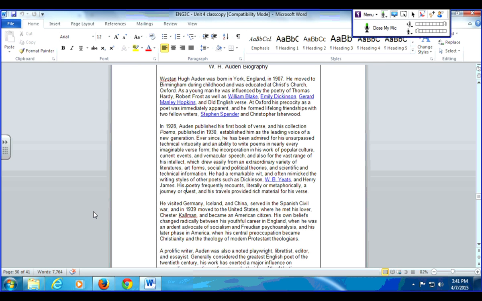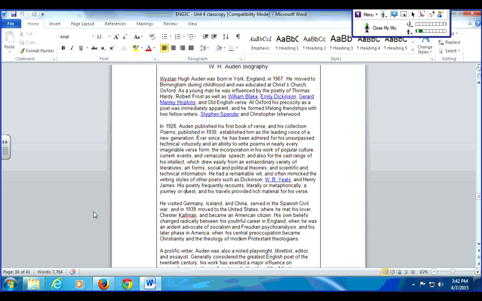Ever since, he's been admired for his unsurpassed technical virtuosity and an ability to write poems in nearly every imaginable verse form, the incorporation into his work of popular culture, current events, and vernacular speech, and also for the vast range of his intellect, which he drew easily from an extraordinary variety of literatures, art forms, social and political theories, and scientific and technical information.